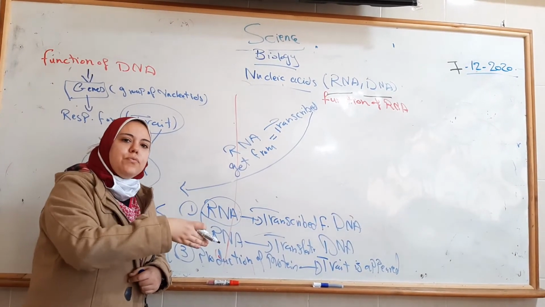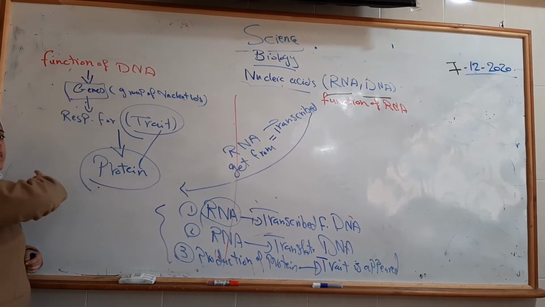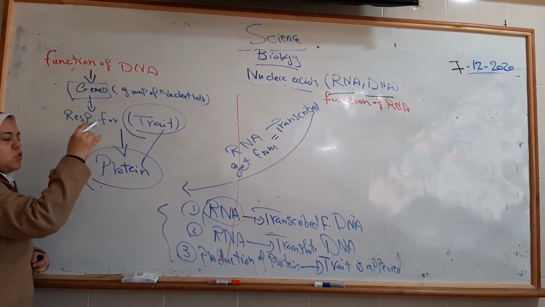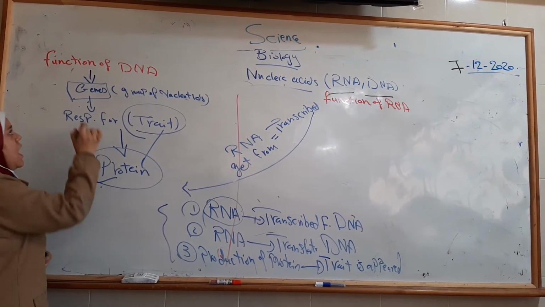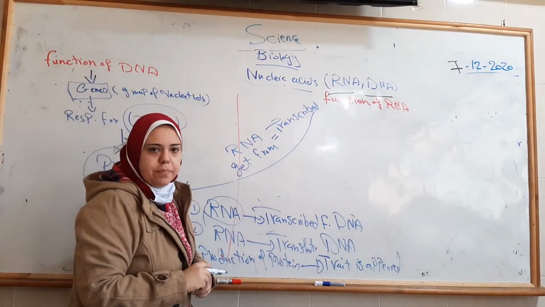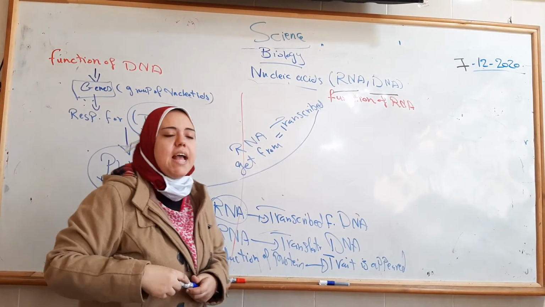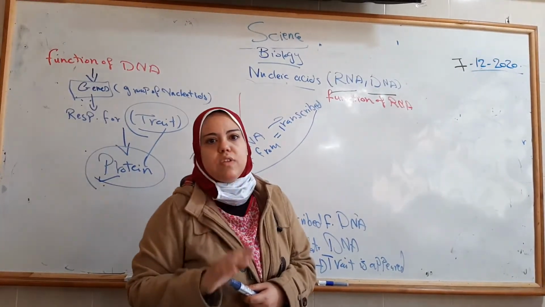So this is the sequence of the interaction between RNA and DNA. RNA is transcribed from DNA. DNA consists of genes, and these genes are traits. After translation to protein, how can I translate this gene to protein? By the aid of RNA. So the difference between DNA and RNA: DNA is double strand, RNA is single strand.